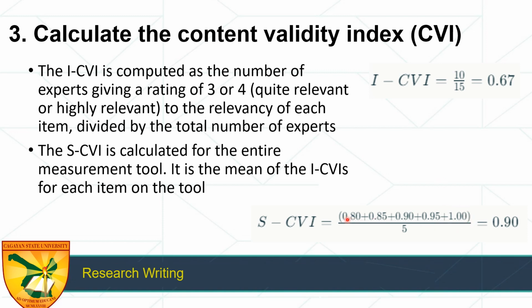You have all the ICVIs over 5, which is the number of items. So the average or the mean gives you 0.90.